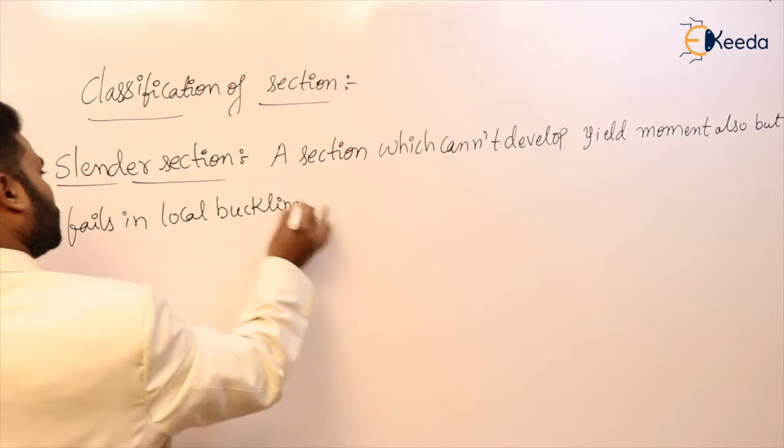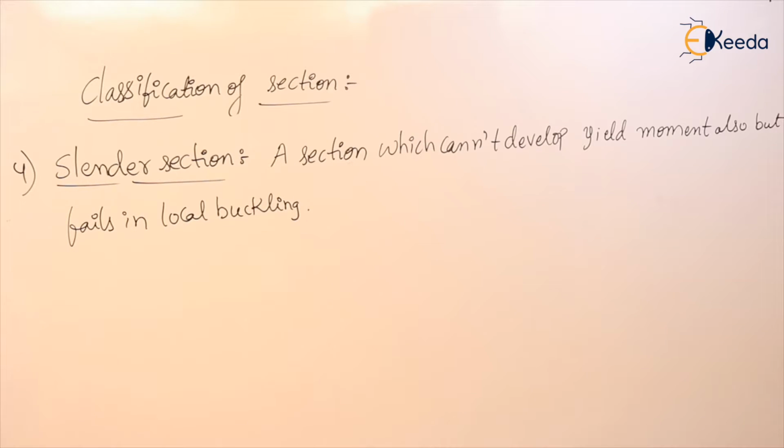So this is the definition of slender section. A section which cannot develop even yield moment My also, but it fails in local buckling.